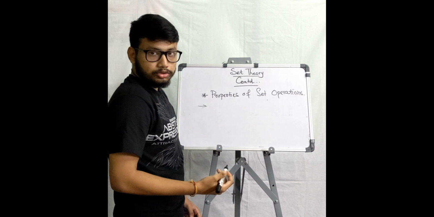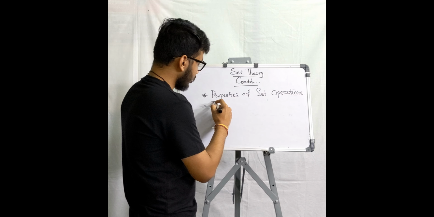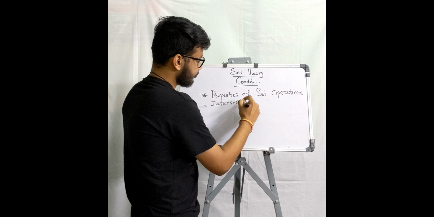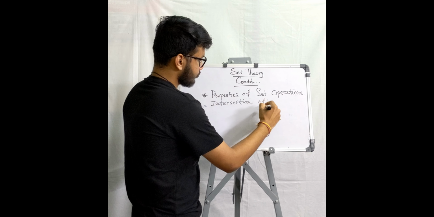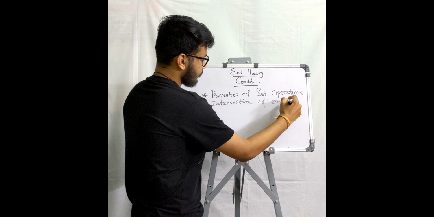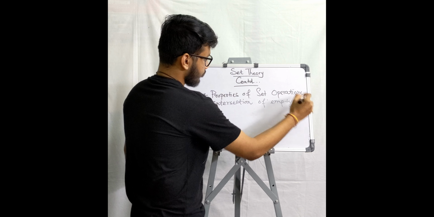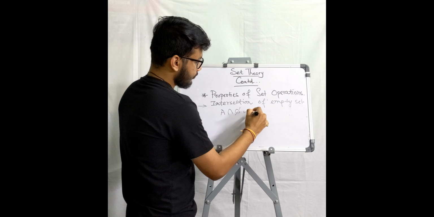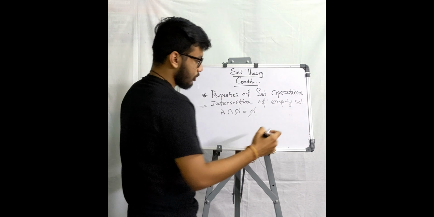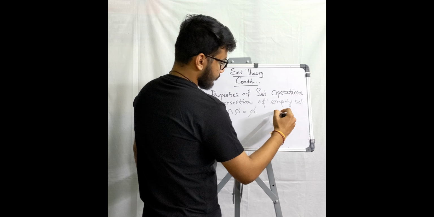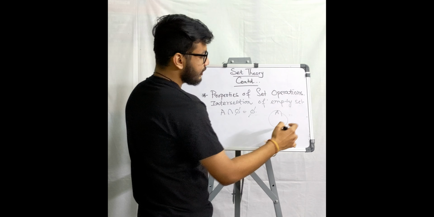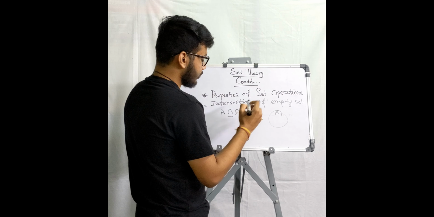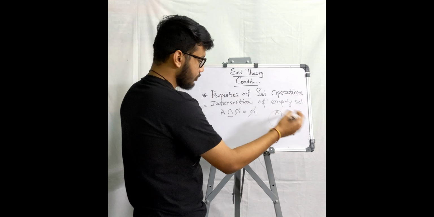Okay, so the next law is intersection of empty set. It says that A intersection phi is nothing but phi. Obviously, because if I have a set A, and if I have a set which has got nothing in it, obviously there will be nothing common between these two sets.